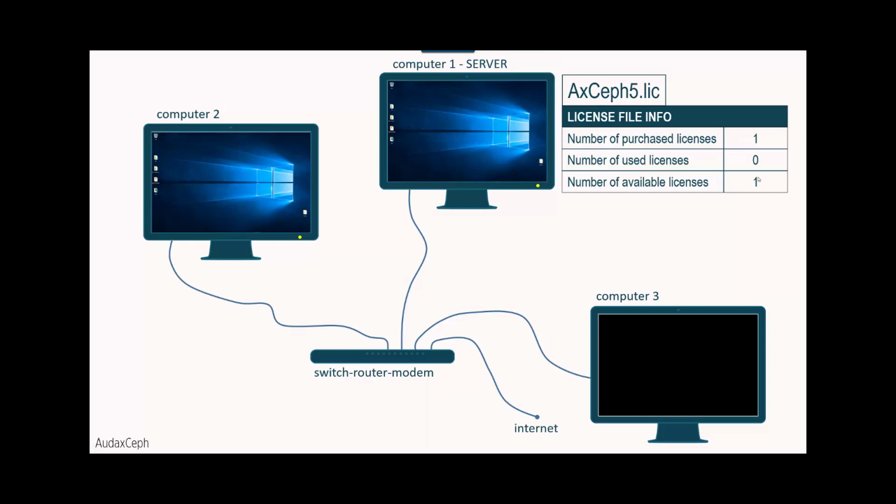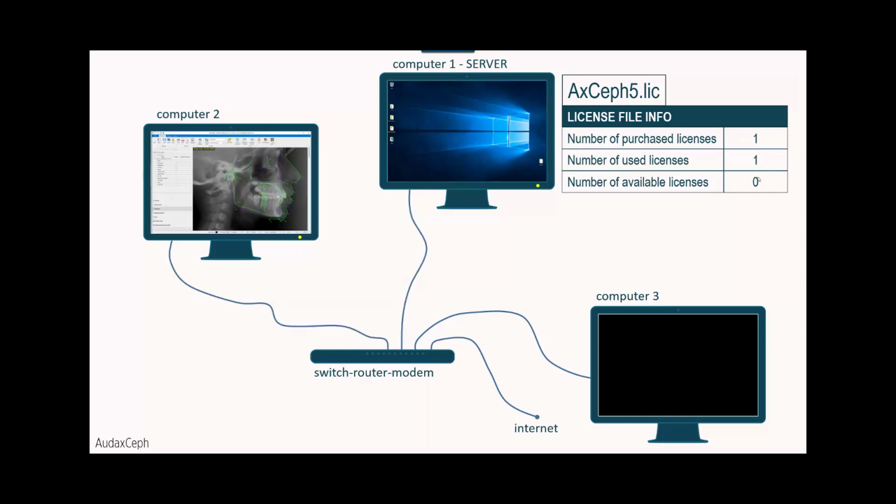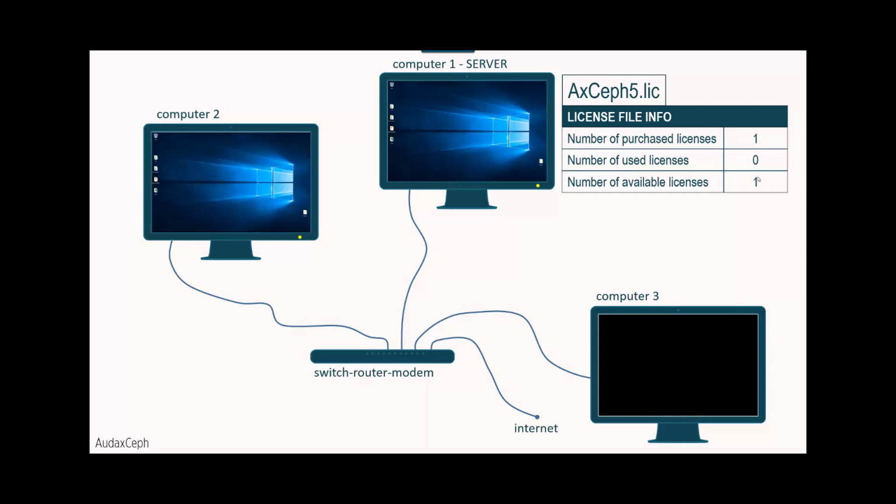Now I run software on the left computer in the image, and AudaxCeph looks into the license file to check the numbers and finds 1 available license. So it starts and changes the license status inside the license file. In this case, there are no licenses available anymore. Of course, when AudaxCeph is exited, it frees the license and number of available licenses is set back to 1.